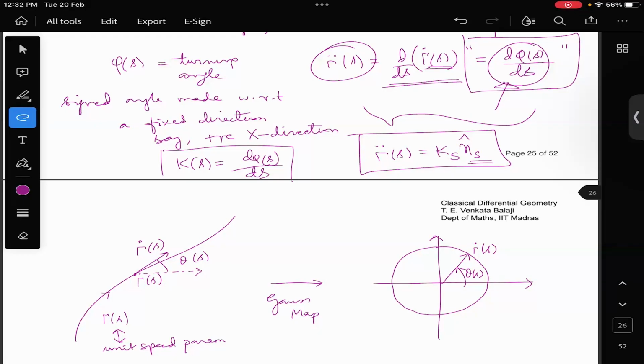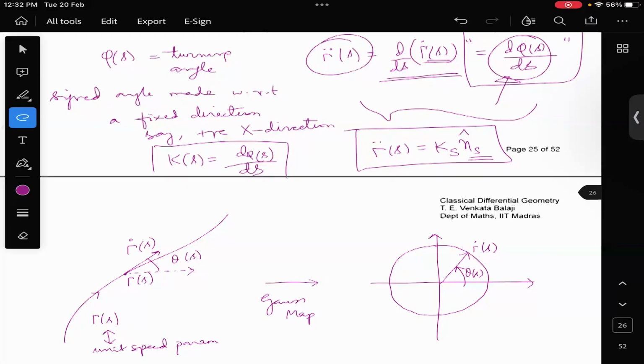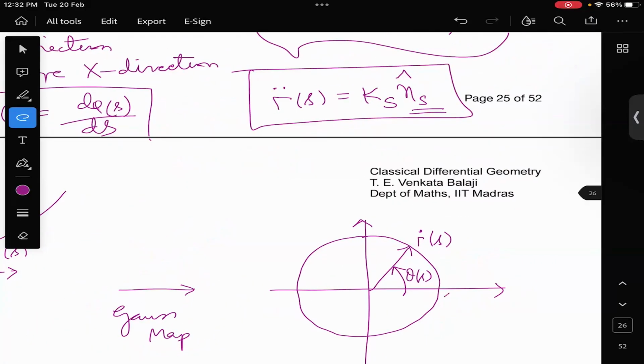Now look at this picture. This is of course a unit circle. Mind you, norm gamma dot is 1 because it's unit speed. This point has to be what? You should get cos theta s, sin theta s, because that is how you parameterize points on a circle.